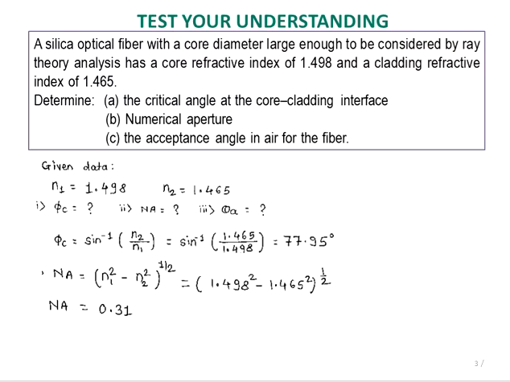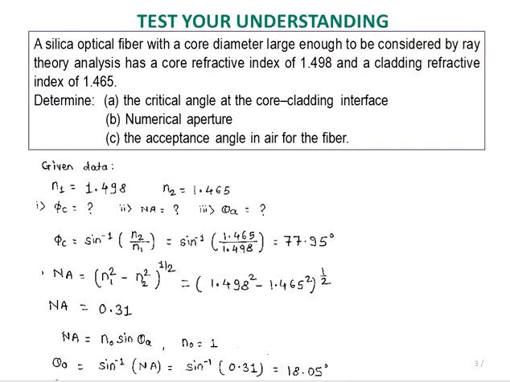Now we know that we can express numerical aperture in terms of the acceptance angle as n0 sin theta A. Since the acceptance angle is measured in the air, and for air n0 equal to 1, we can find theta A as sine inverse of NA, and that comes out to be 18.05 degree.